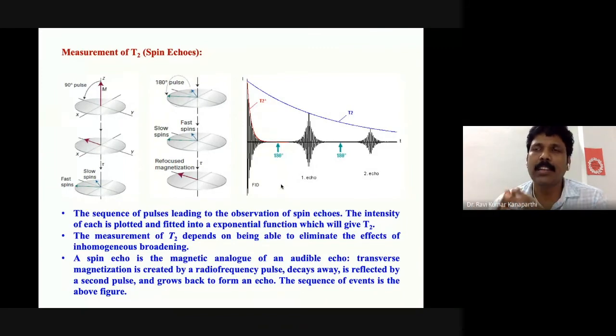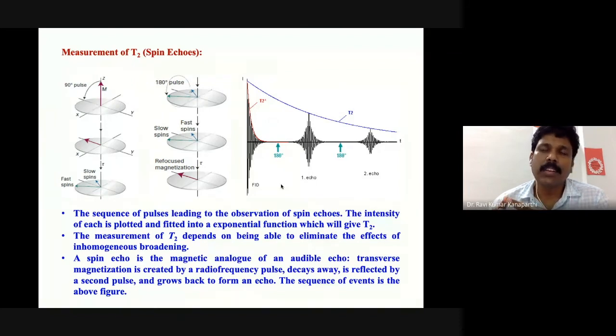Inherently, there is something called the local magnetic field. Even though we are applying a particular 1 Tesla, 2 Tesla or 5 Tesla magnetic field, within the sample, everywhere across the sample region at the microscopic level, we don't expect everything to be precessing at the same frequency as the applied magnetic field.